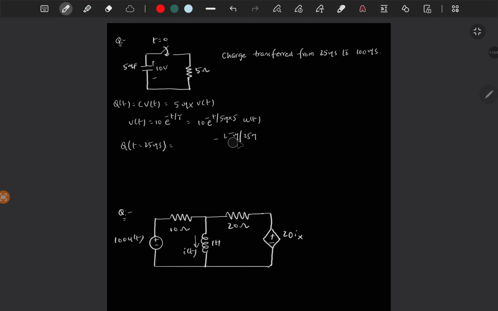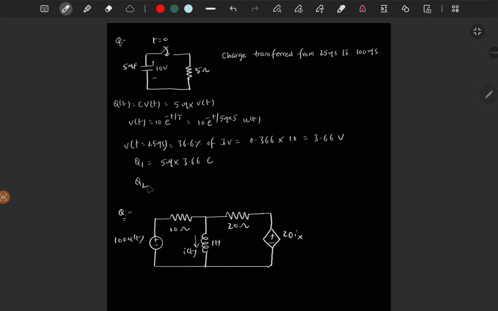So if you directly write 36.6% of initial value, then 0.366 times 10, which is 3.66 volts. This is the V of t at 25 microsecond, 3.66 volts. So let's say it is Q1. Q1 is 5 micro times 3.66 coulombs.